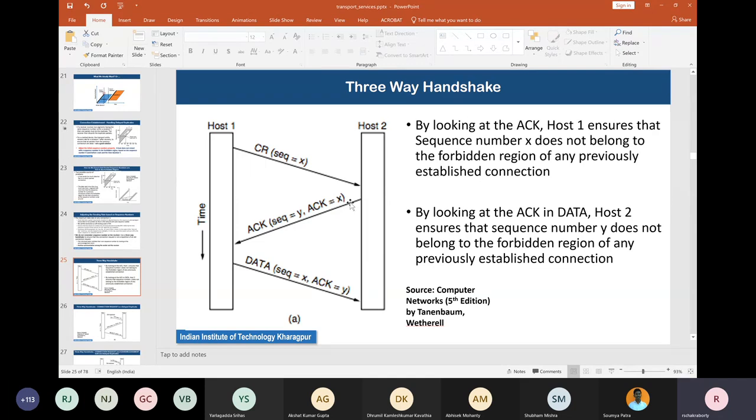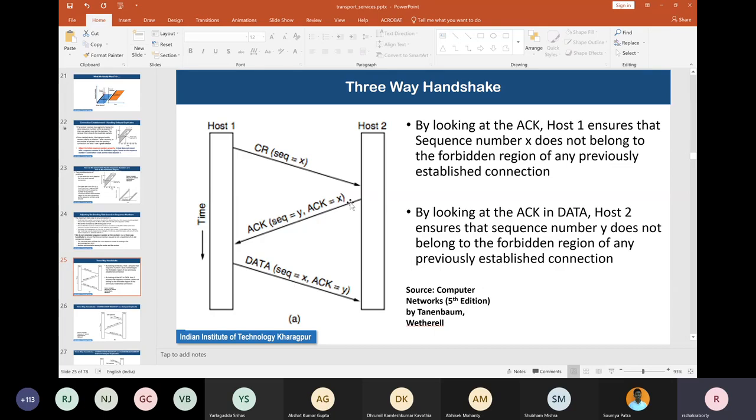Now host 2 says, well, if I start the connection, my proposed starting sequence number is Y. So my first data packet will have a starting sequence number Y. And I am acknowledging the sequence number X that you have proposed by putting the value X in the acknowledgement field. This means that the first data segment that host 1 will send will have a sequence number X.